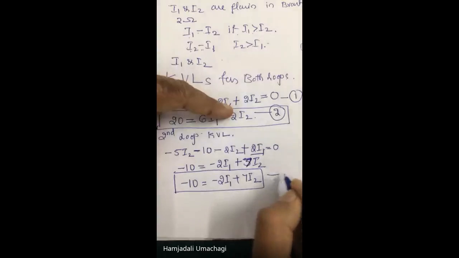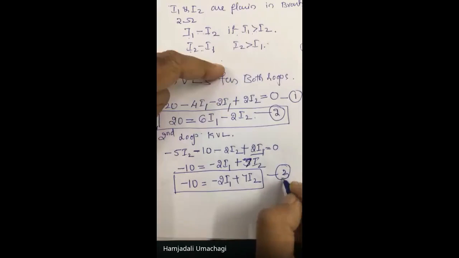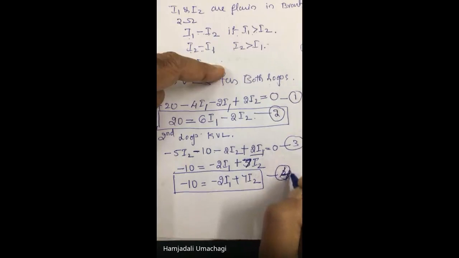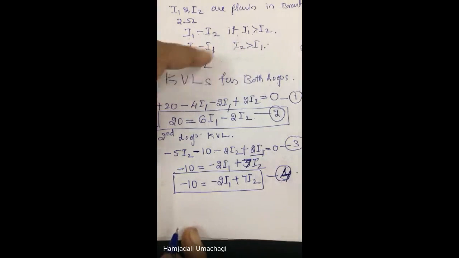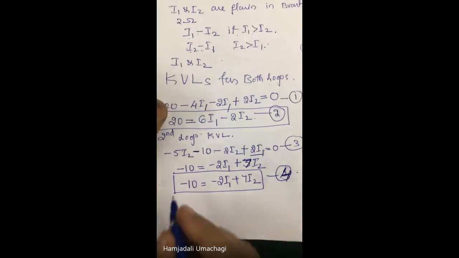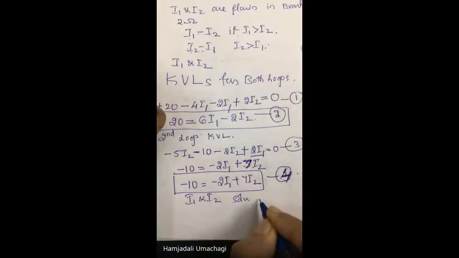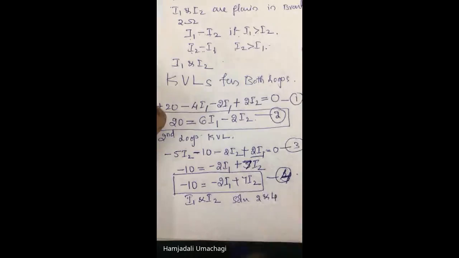Okay, this is equation 2, equation 3. This is equation 3, this is equation 4. So as to get loop currents I1 and I2, we have to solve these two equations, equation 2 and 4, to get I1 and I2.